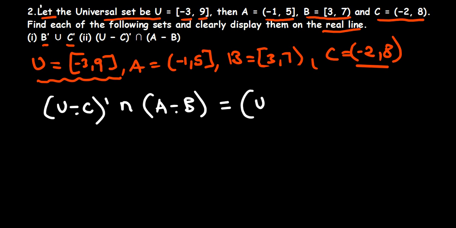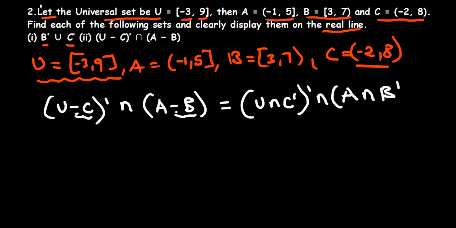This minus C becomes intersection C complement, and then we have another complement outside there. Then we have A, and then intersection. This minus B becomes intersection B complement. So this is the set that we now have.